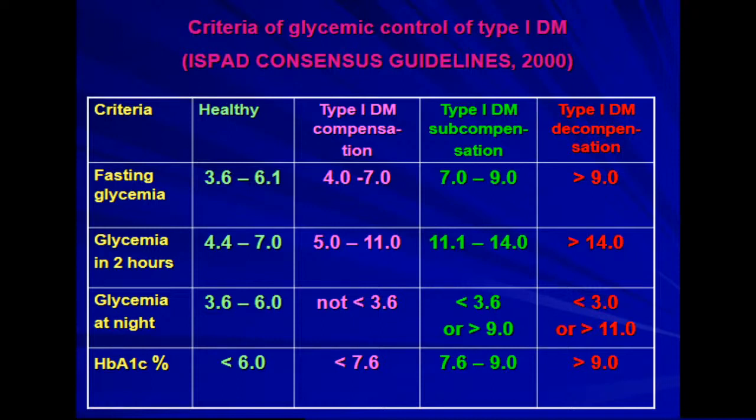Now diabetes mellitus compensation, subcompensation and decompensation stages. Compensation: fasting glycemia 4 to 7, 2 hours after meal 5 to 11, glycemia at night not less than 3.6, and glycosylated hemoglobin less than 7.6.